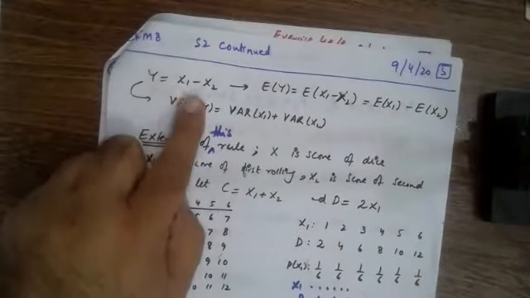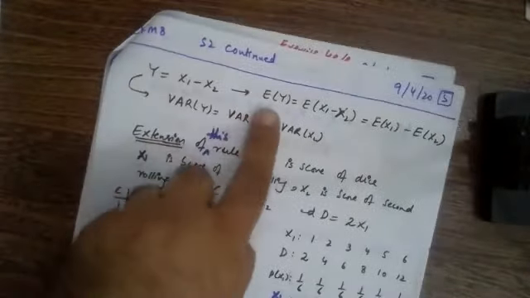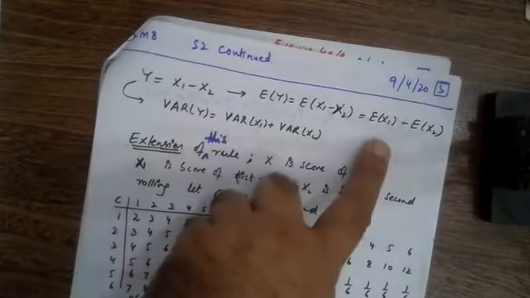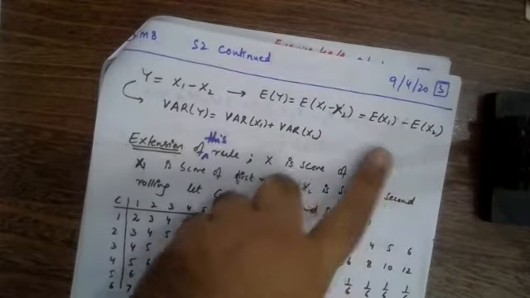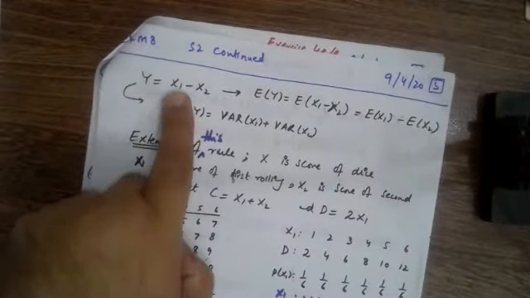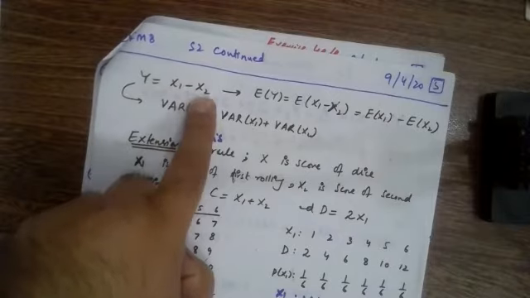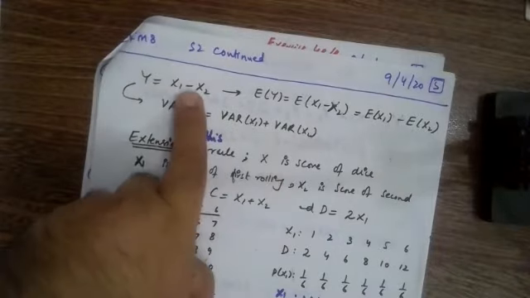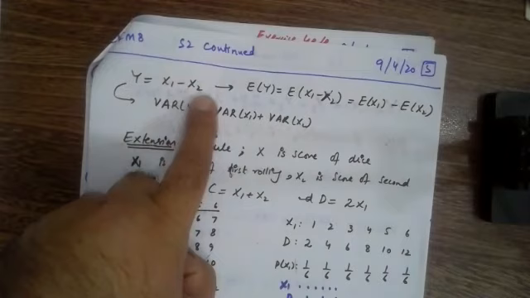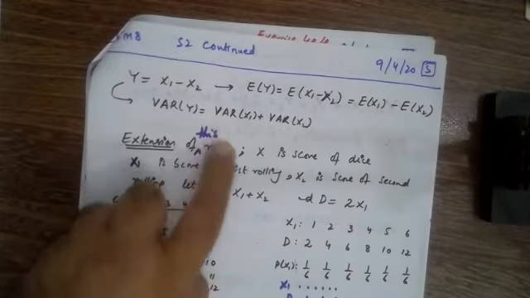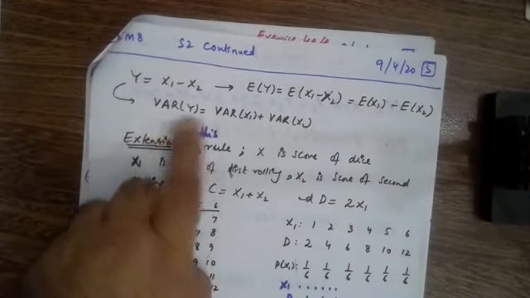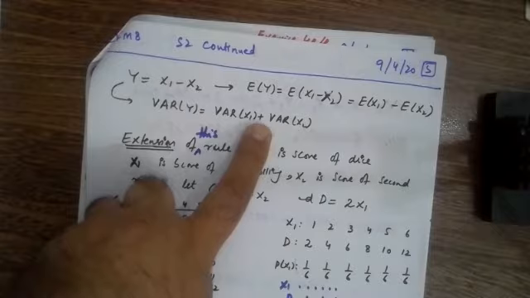Then, going through all this business, we were able to establish this proof that if y is x1 minus x2, expected value of y is equal to the expected value of x1 minus expected value of x2, but variance of y was equal to variance of x1 plus variance of x2. Even though y is connected to x1 and x2 with the help of this negative sign, when we are calculating the variance of y, we put a plus sign over here.